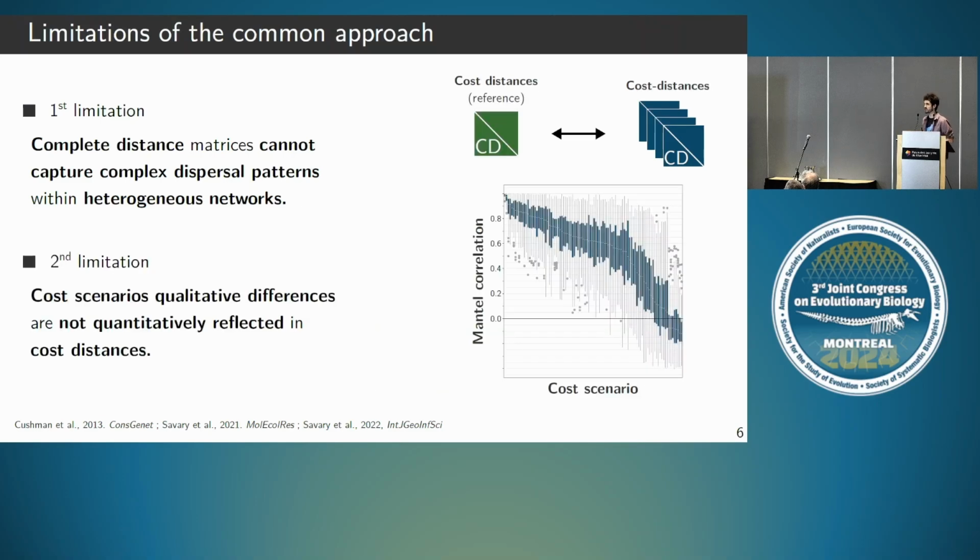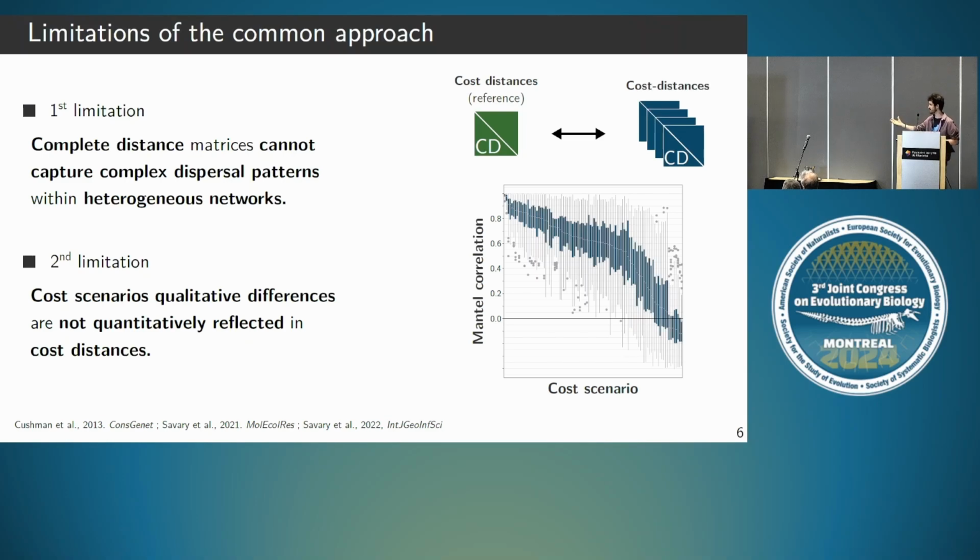The second limitation we have with cost distances is that if you consider a reference cost distance matrix and you look at how it's correlated with other cost distance matrices computed with totally different cost scenarios, they often exhibit a super high correlation. So on the plot here, I use this cost distance matrix as a reference, in green.